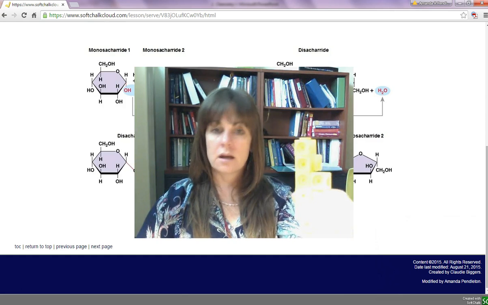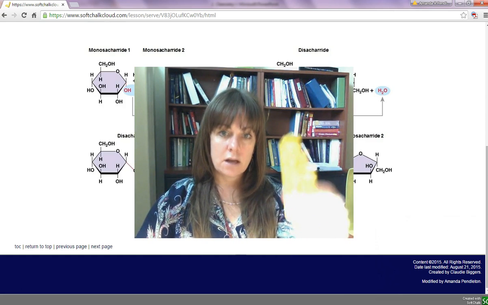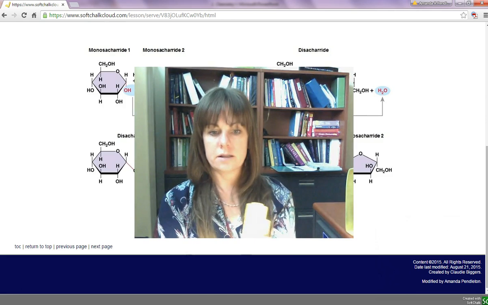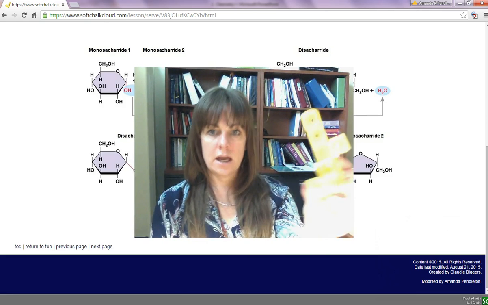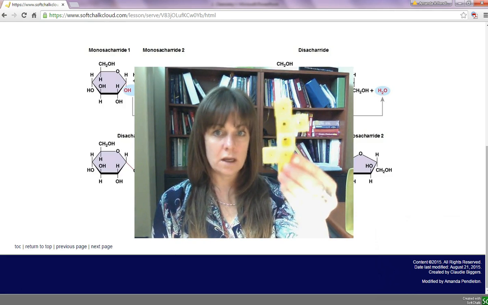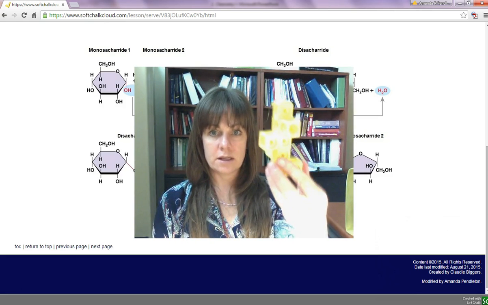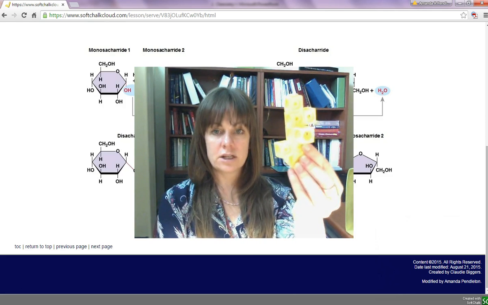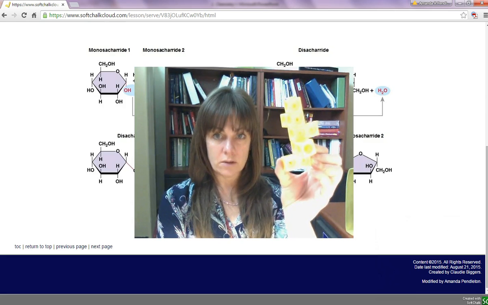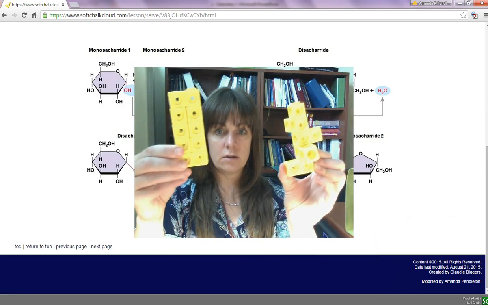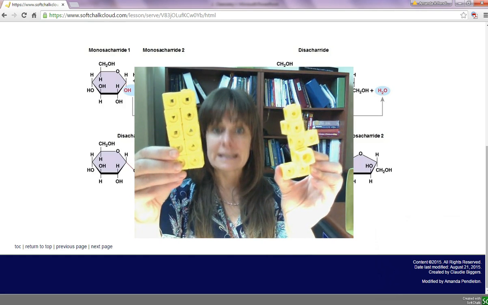Okay? Now, something to know is that you can arrange these in different ways. So, if I am an animal, a human being, and I want to store some glucose, it would look like this, and we call this glycogen. But you can actually take these same individual subunits and arrange them in a different way. So we could arrange them like this.